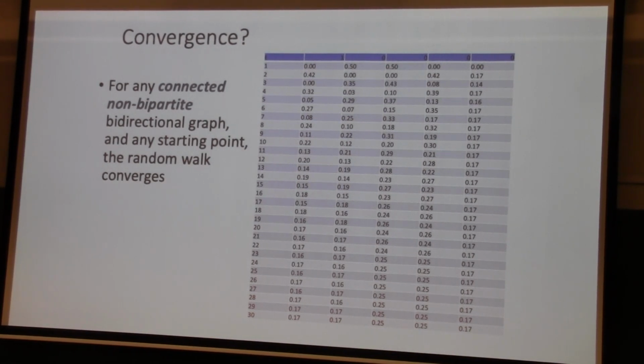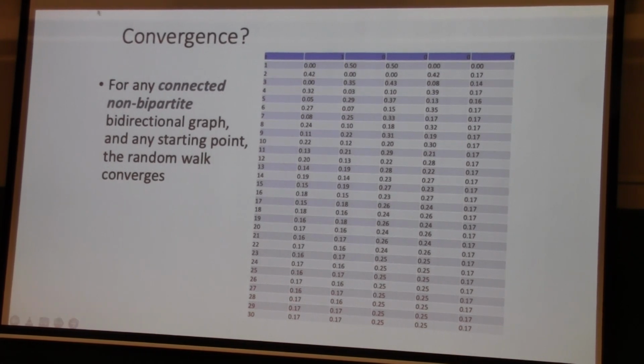So you have to understand, intuition is important. It has to be connected. It has to be non-bipartite, because if it's bipartite, then you can divide the graph into 2 pieces. If I start here, then I will go here, and it will be oscillating forever. All the probability will be here, and this will be 0, and then it will all be here, and this one will be 0. So it's oscillating and not converging. That's why it has to be non-bipartite. You see that?